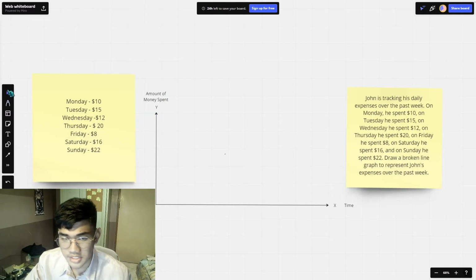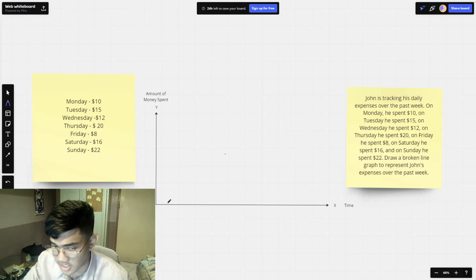First, let us start on the x-axis, which is our time axis. The following days, Monday to Sunday, will be placed on the x-axis. So Monday, Tuesday, Wednesday, Thursday, Friday, Saturday, Sunday.